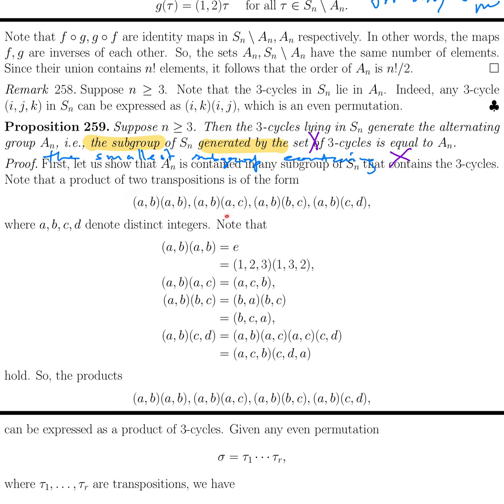It could be (a b), (a c), (b c), or of the form (c d), where a, b, c, d are distinct integers. In all these cases, you can show that this product is either a three cycle or can be expressed as a product of three cycles.